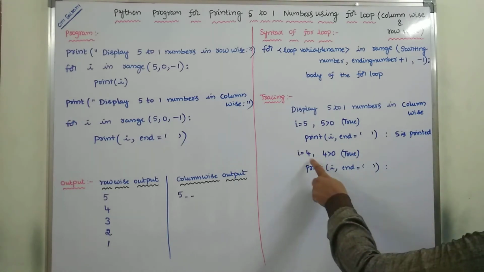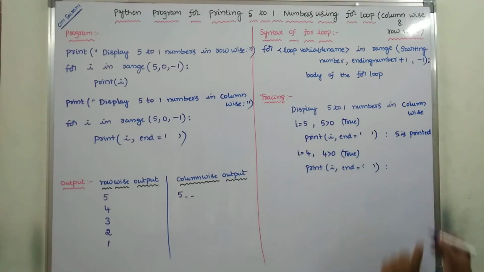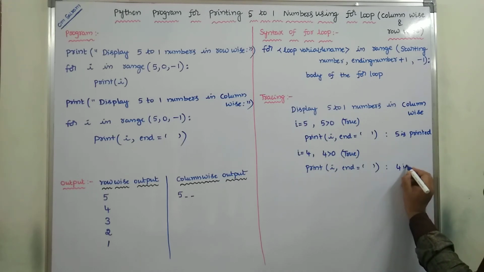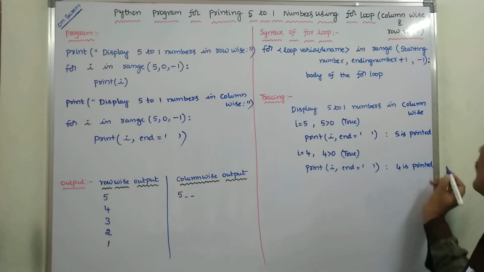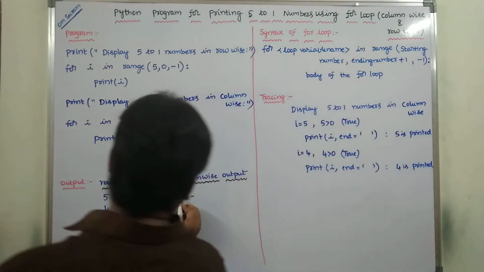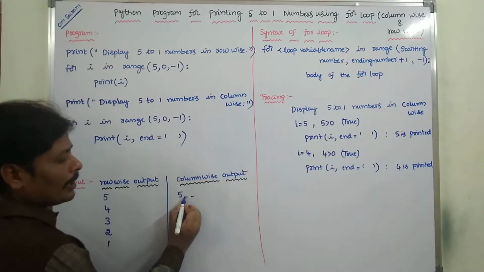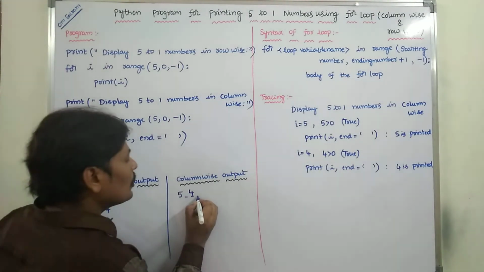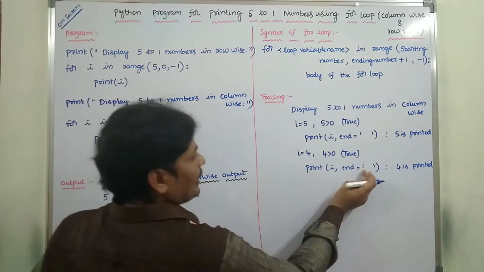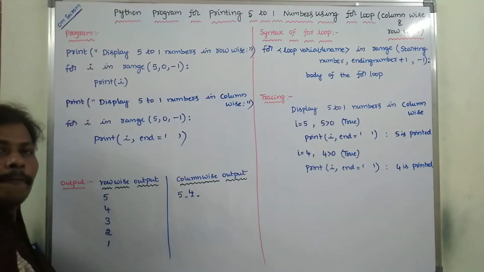Here what is the i value? 4. 4 is printed. So here after 5 and one space, now 4 is printed. Now one space is required after printing 4.